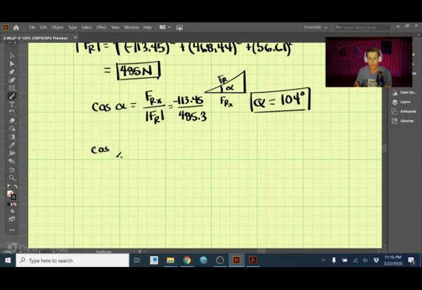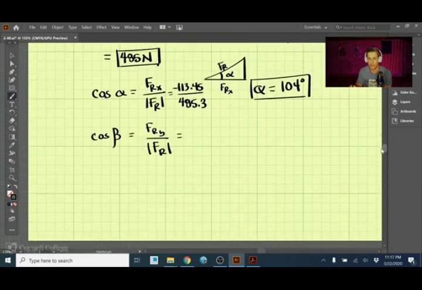Now we do the same thing for cosine beta, and that is just going to be FRY over the magnitude FR. So that is 468.44 divided by 485.3. And then we divide that out, take the inverse cosine just like we did here.